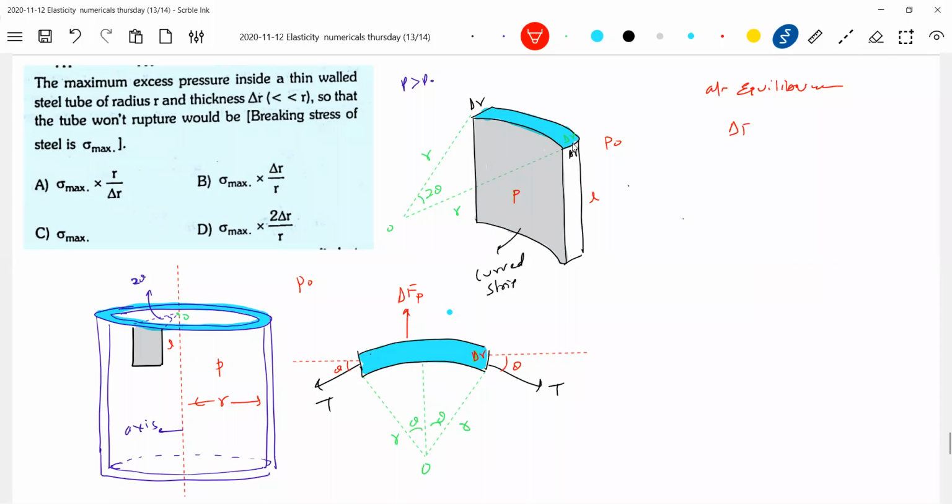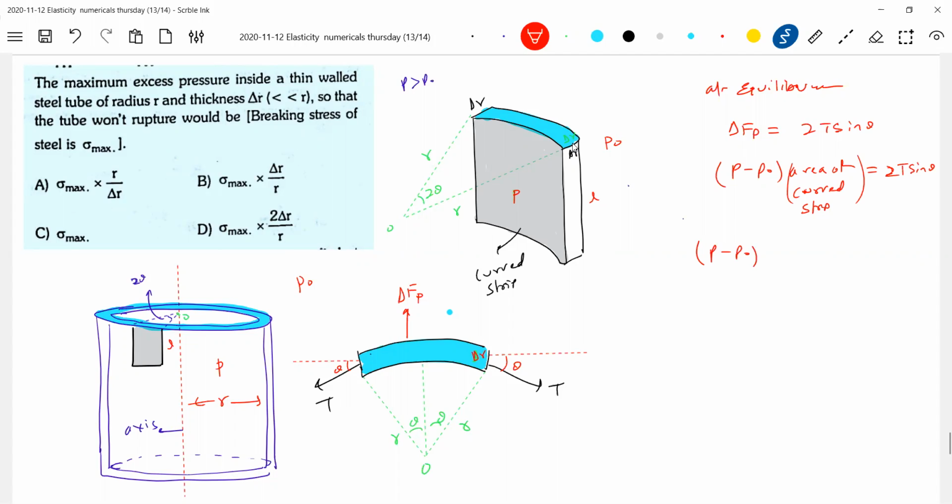At equilibrium, delta FP should be equal to 2T sine theta. Now what is delta FP? P minus P naught into area. What is the area of the curved strip? Area of curved strip into P minus P naught equals 2T sine theta.